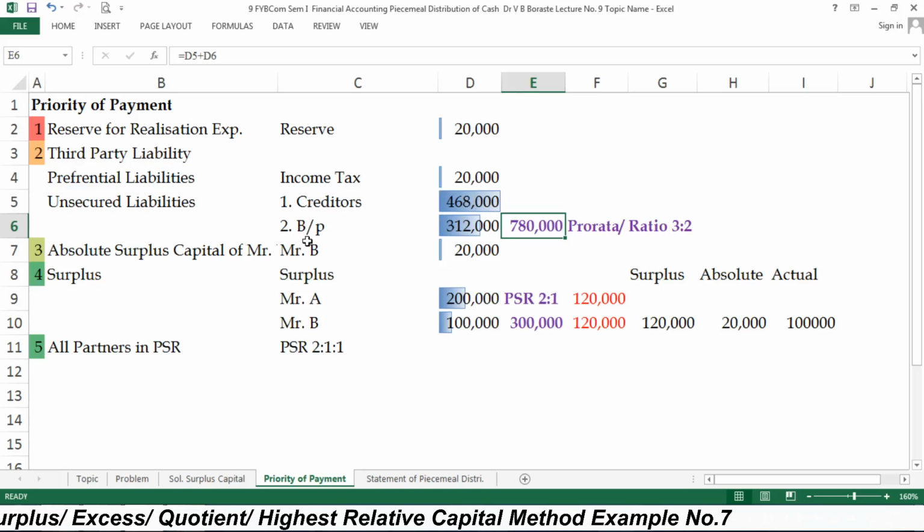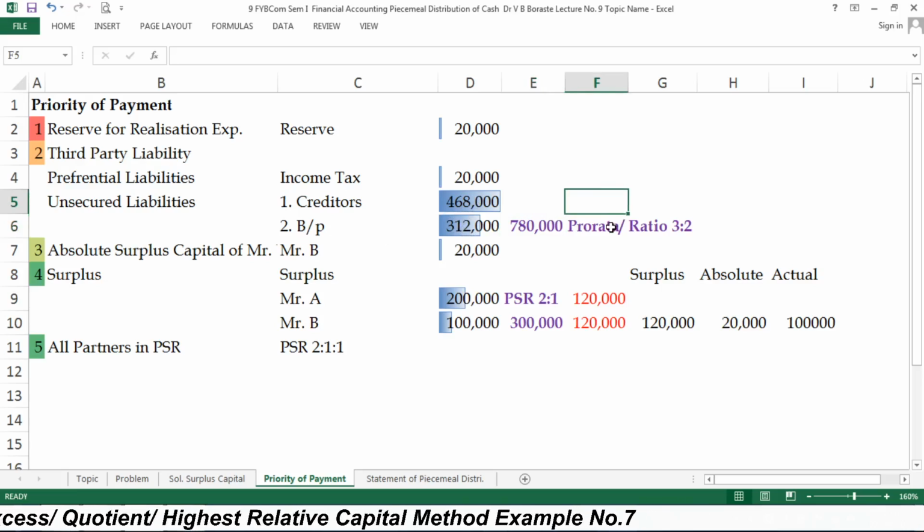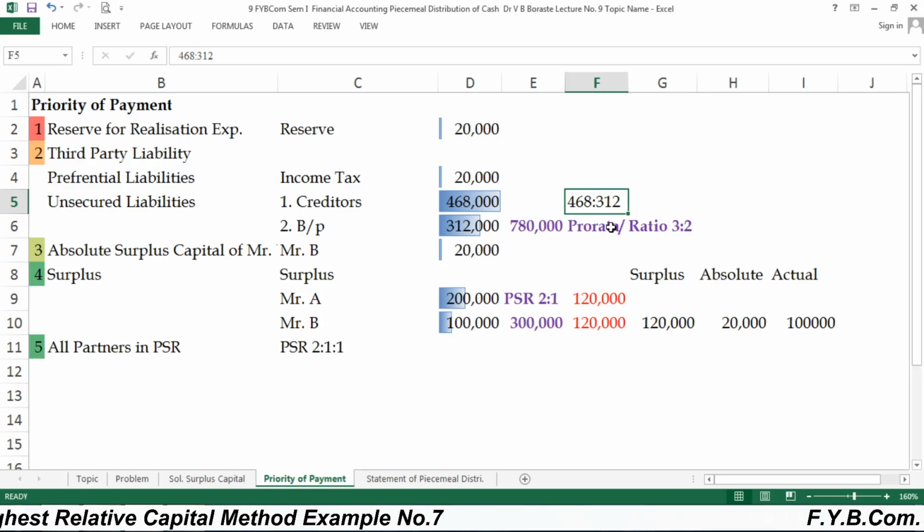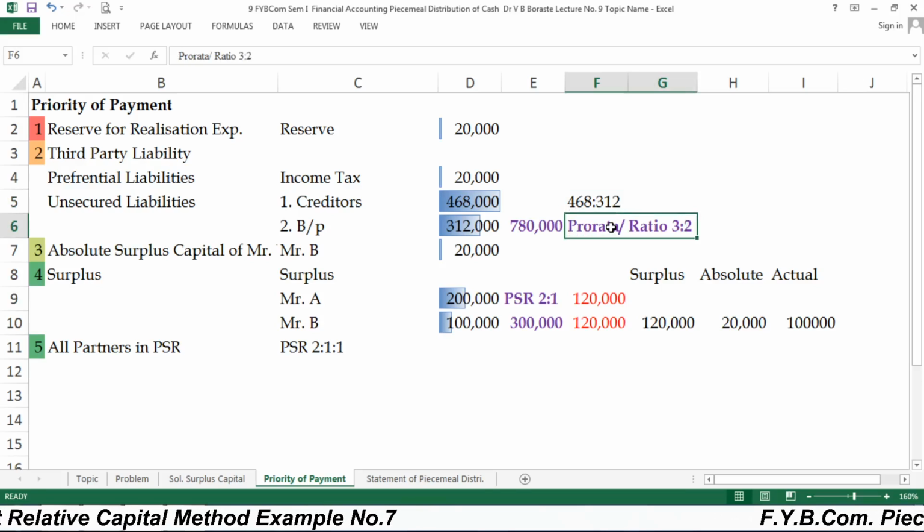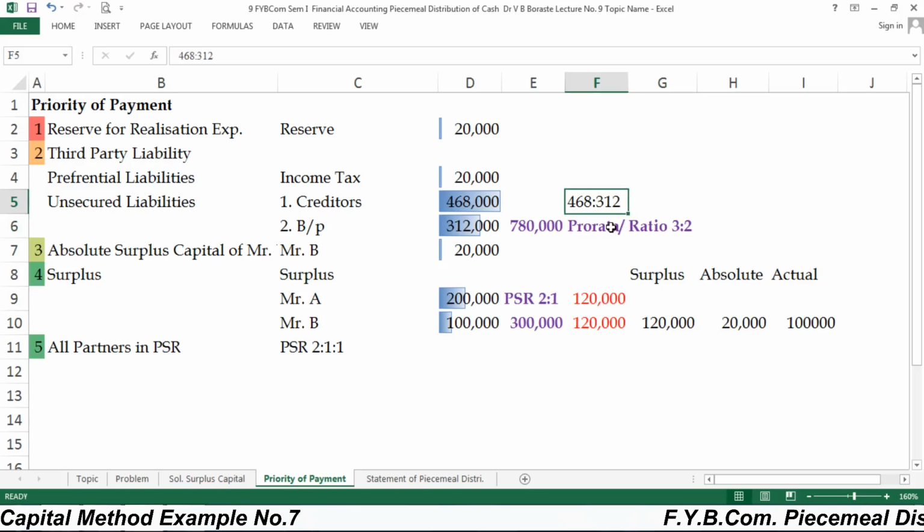So here creditors and bills payable ratio is 4,68,000 to 3,12,000. So this is the ratio. We will divide it and come to the conclusion. It will be 3:2. You can divide it by 2 or any other number. The answer will be 3:2. So here is the ratio of liability, that is 3:2.